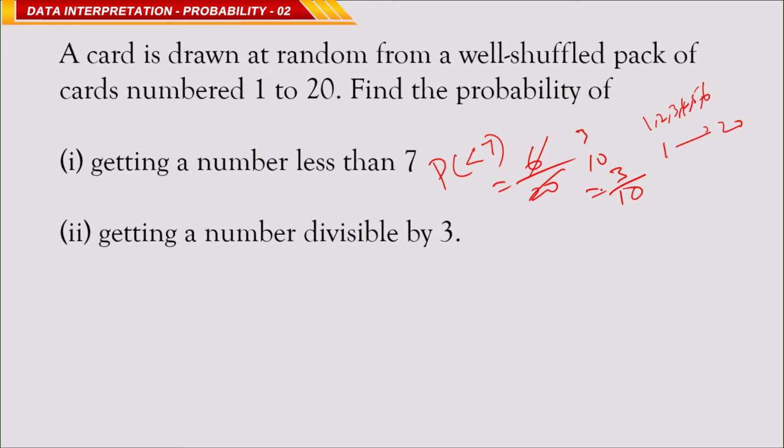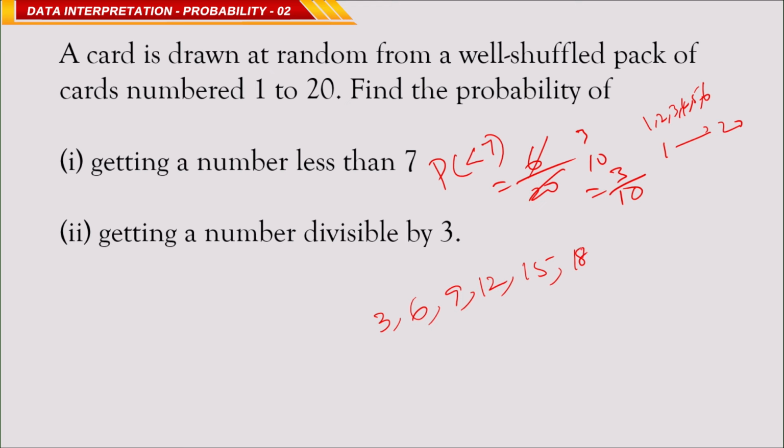Okay. Getting a number divisible by 3. From 1 to 20, what are the numbers? The numbers are 3, 6, 9, 12, 15, 18, less than 20.